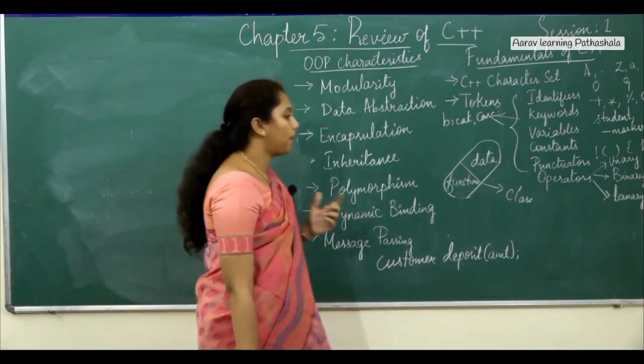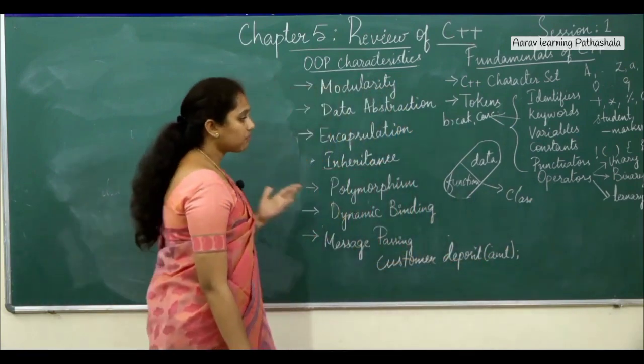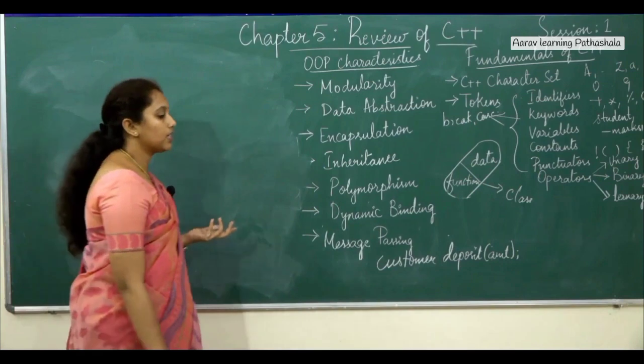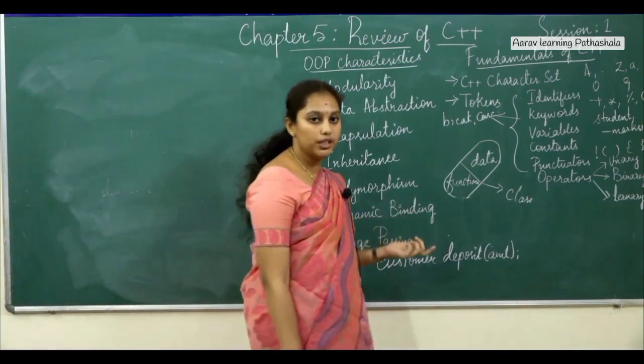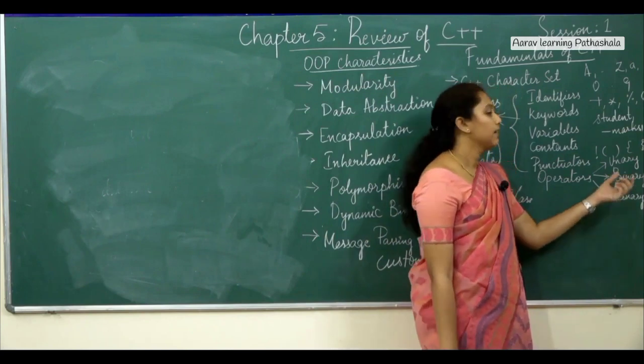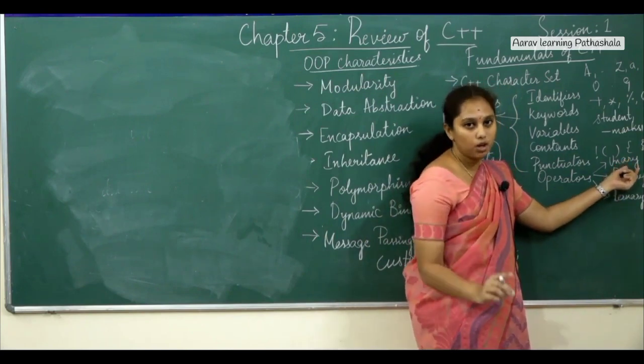And next is operators. What is an operator? An operator performs some mathematical calculations. Operators are of different types: unary operator, binary operator and ternary operator. A unary operator operates with only one operand.